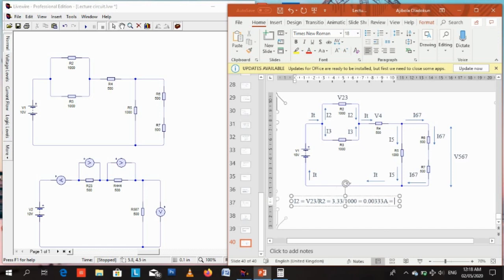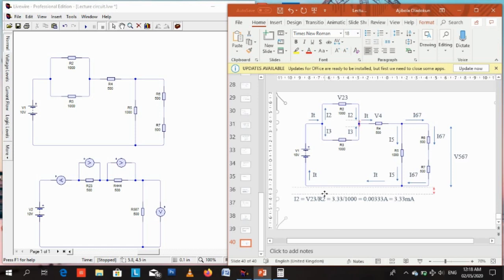See here that I2 will be V23 over R2 as shown. V23 is 3.33, R2 is 1000 ohms, and that gives us 3.33 milliamperes. So that is I2.